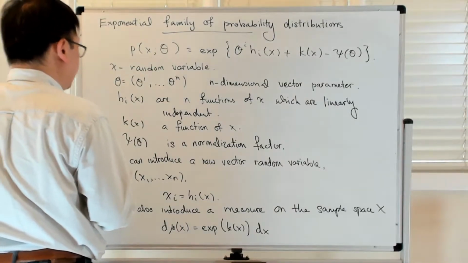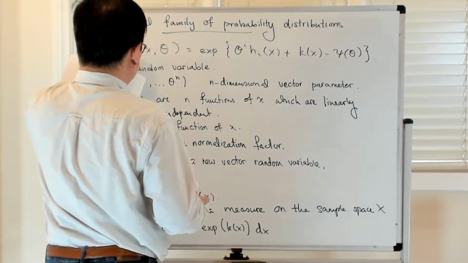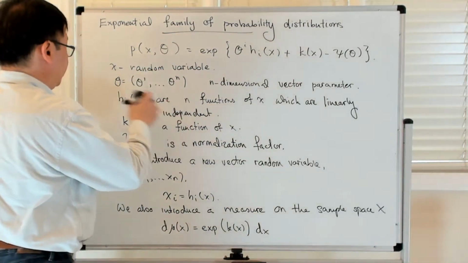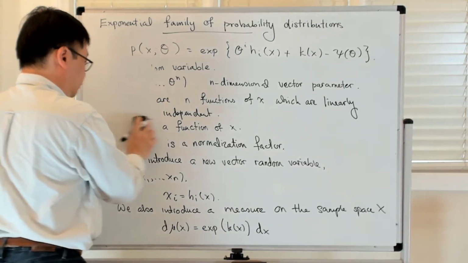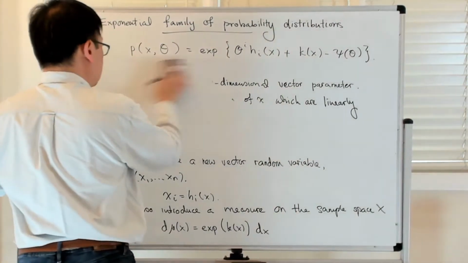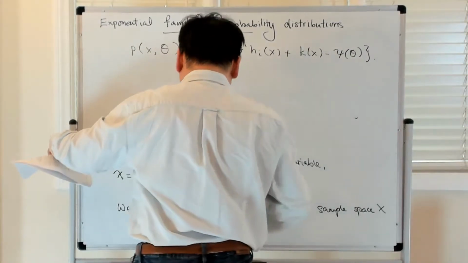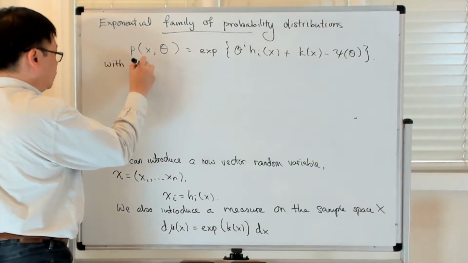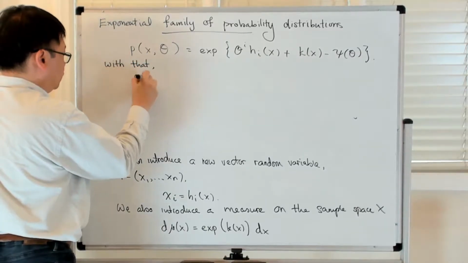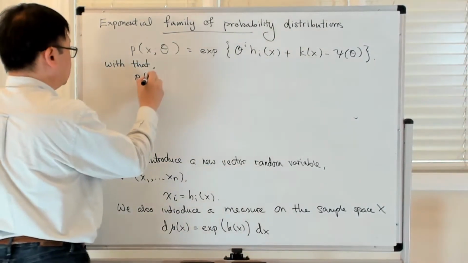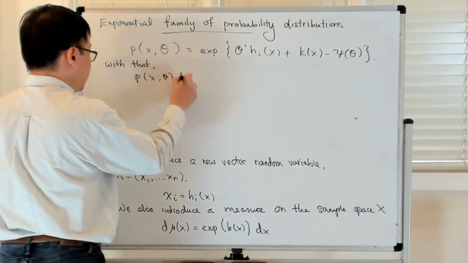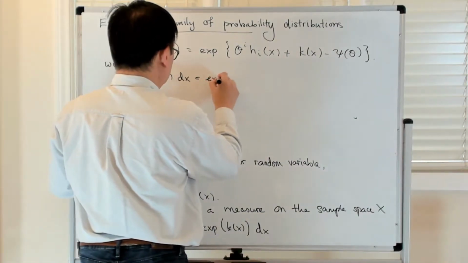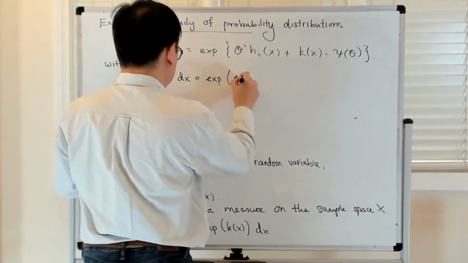So when you do that, you can rewrite p(x) dx in a different form. Let's see what happens. With that, I can write p(x, theta) dx as the exponential of theta dot x.